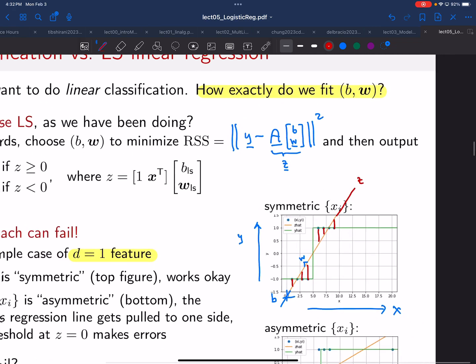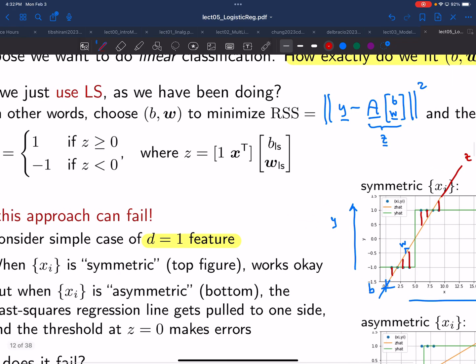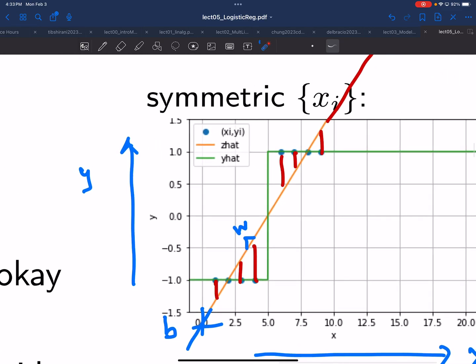And then once you have that Z, then you do this thresholding to get Y hat. And so if Z is greater than 0, which happens in all these cases, you threshold up to 1. This is what you finally report as Y. And if Z is less than 0, which happens here, you threshold down to minus 1.